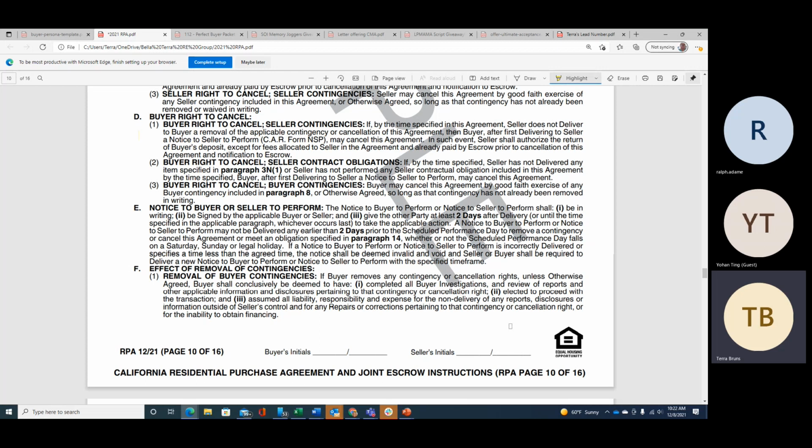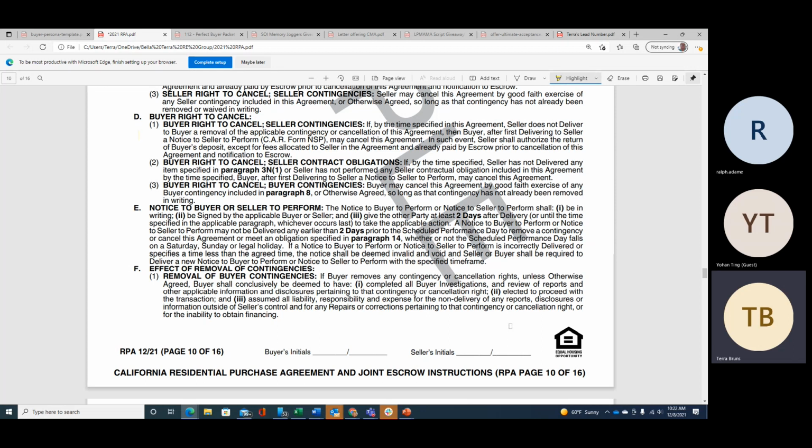And they've reviewed all of those reports, all of the disclosures, all of the applicable information, and have made a decision to remove those contingencies. That is also passively saying that they agree to proceed with this transaction, and there is no justification for them to now cancel the contract.